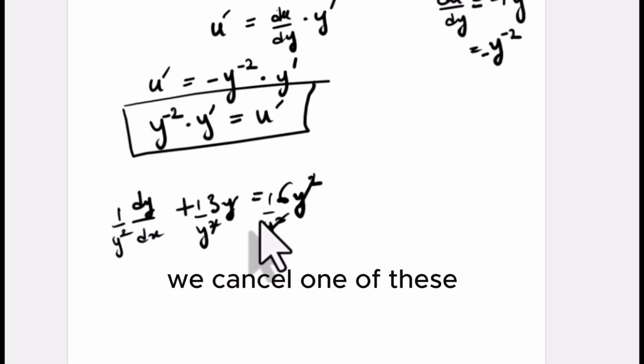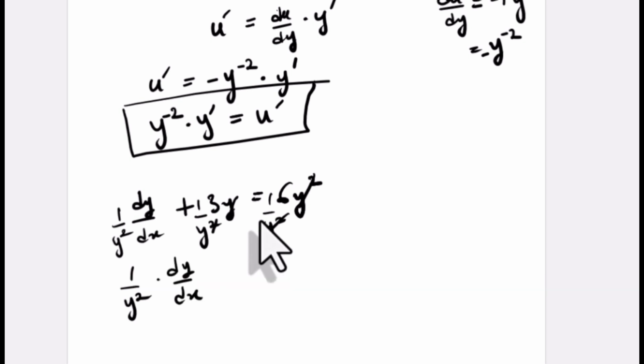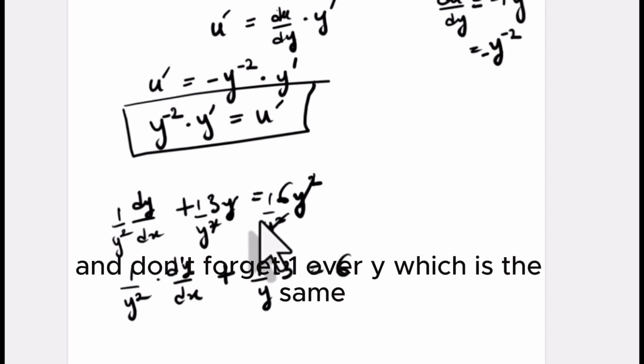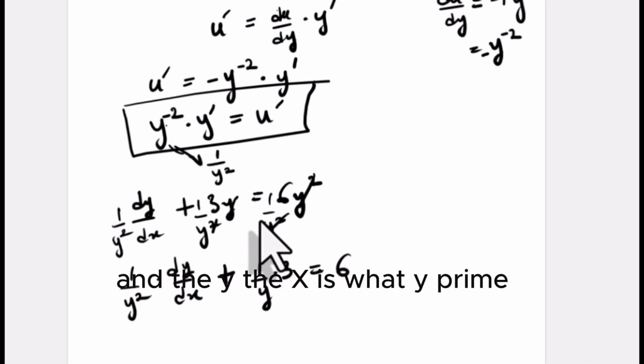One of these will cancel one of these. We have 1 over y squared dy/dx plus 3 over y equals 6, right? And don't forget, 1 over y squared is the same thing as y raised to minus 2. And the dy/dx is what? y prime.